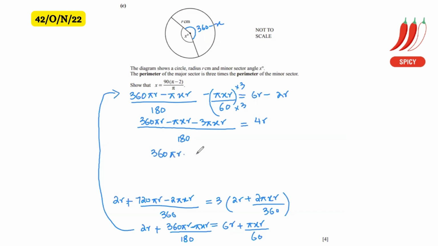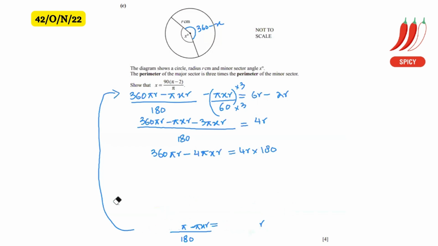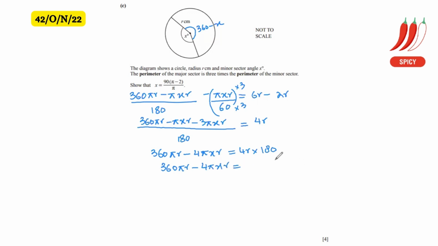And we cross multiply 180 with 4r. I'm going to erase this as well. So that's going to be 360 pi r minus 4 pi xr equals 180 times 4, and that is 720r.